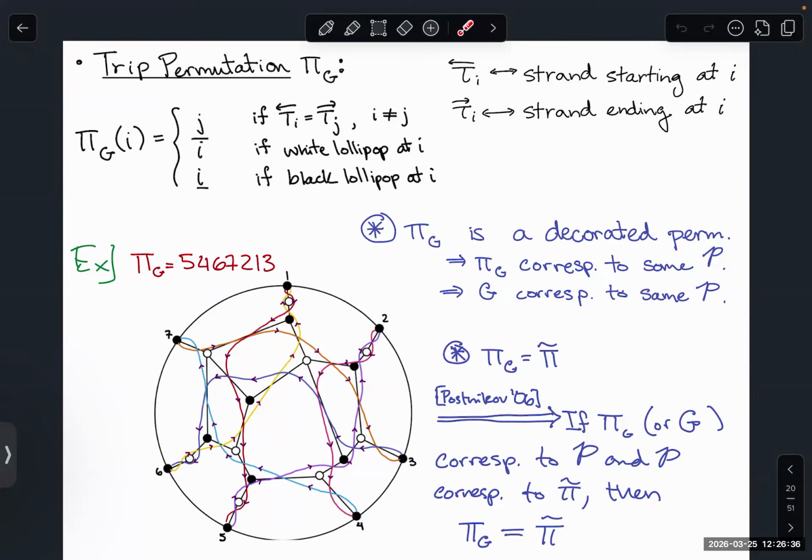If the decorated permutation corresponding to a positroid and our trip permutation corresponding to a positroid are the same positroids, it can be shown that the decorated permutation is the same as this trip permutation of G. So this is the first application of strands that we're going to use.